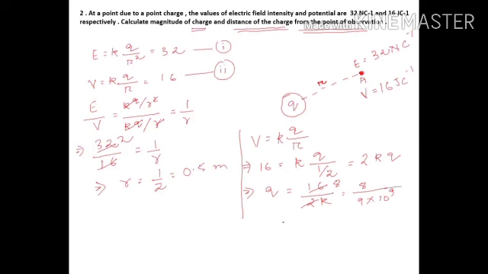If you do the calculation, you find something like 8.89 into 10 to the power minus, sorry, it's not 9, it's 10, minus 10 coulomb. So this is the amount of charge, which is actually our question.